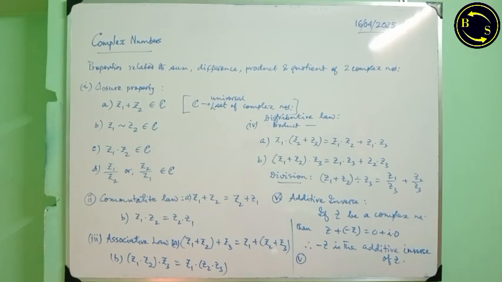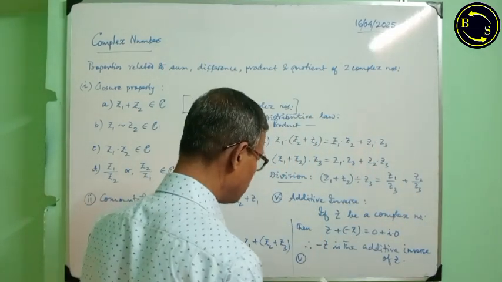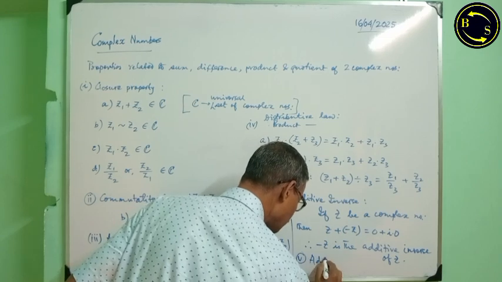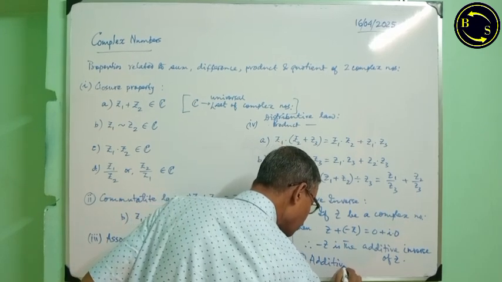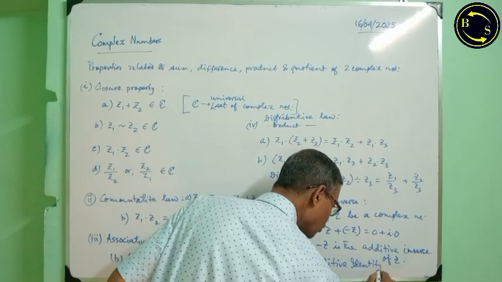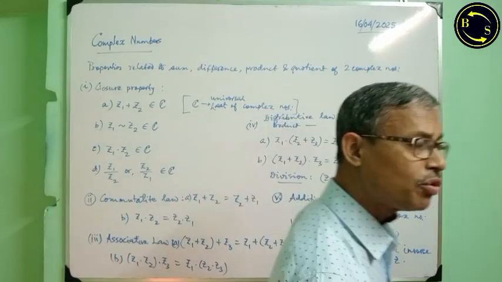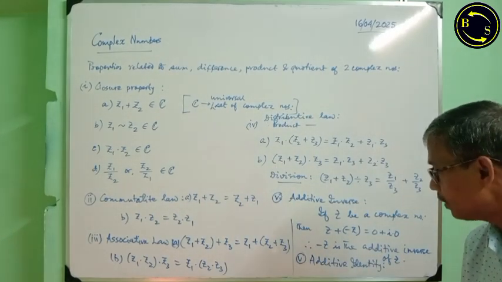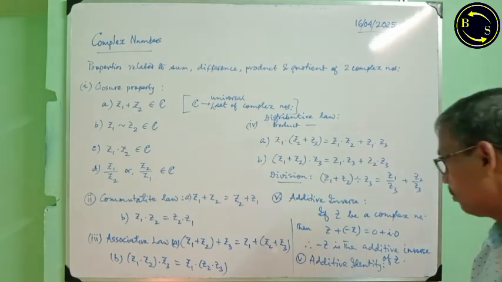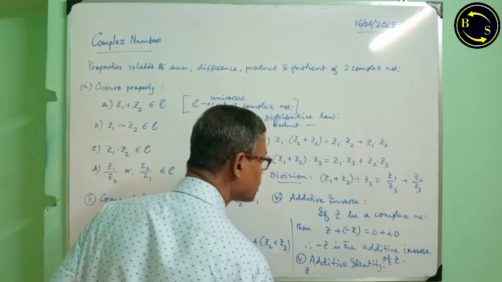Existence of additive identity, that should be mentioned first. Additive identity. Means the number which when added to the given complex number, result will be the complex number. Means Z be a complex number.